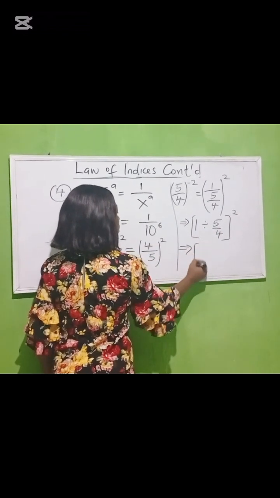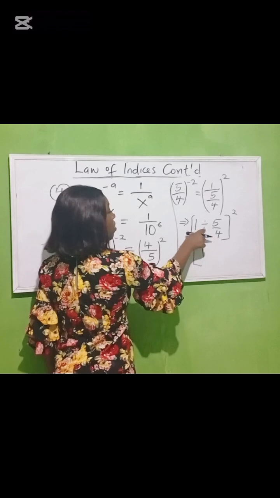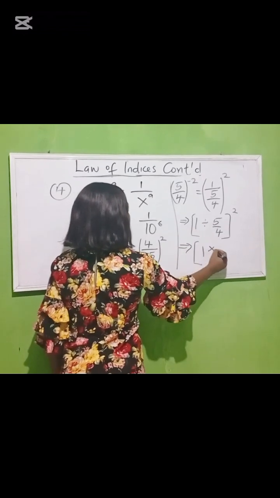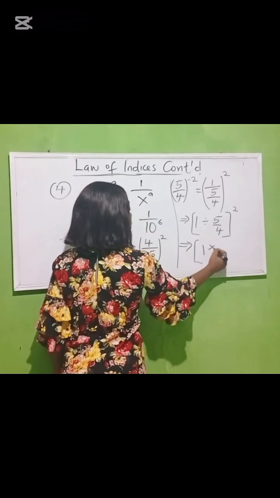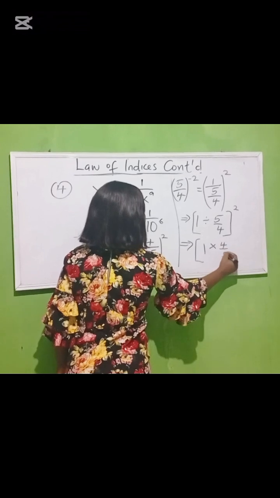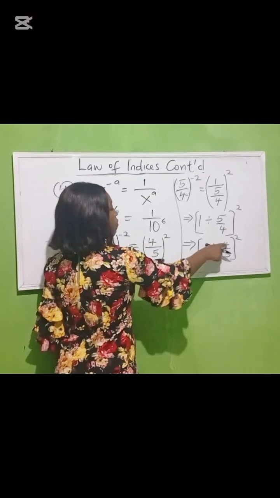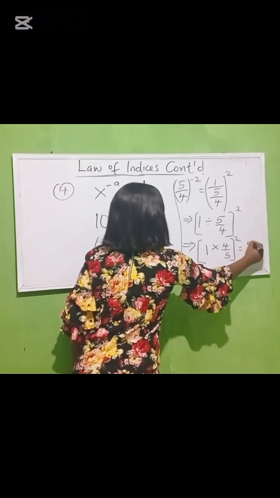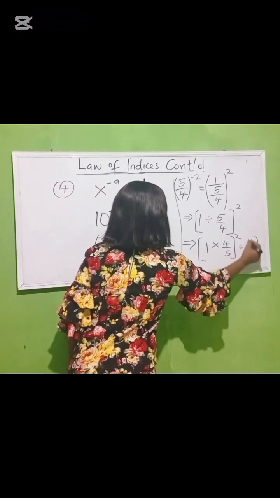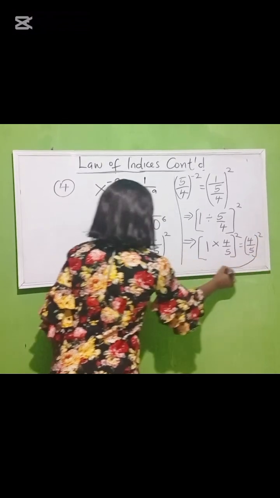Then because this is division, you multiply as 1 times 4 over 5 raised to power 2. And when you multiply 1 times 4 over 5, it becomes 4 over 5 in brackets raised to power 2. And this is what you have here.